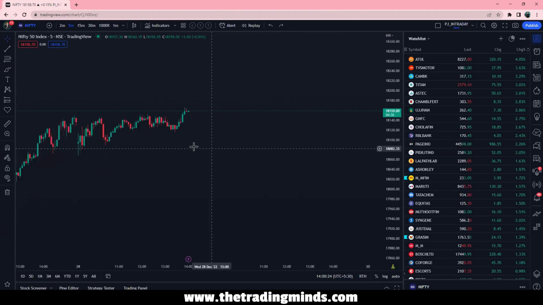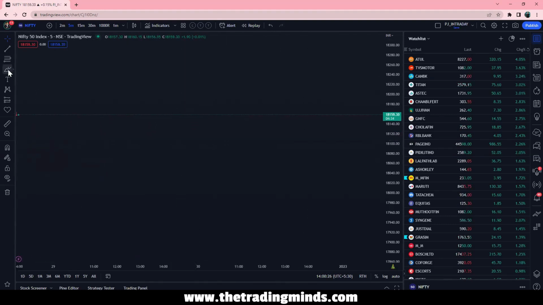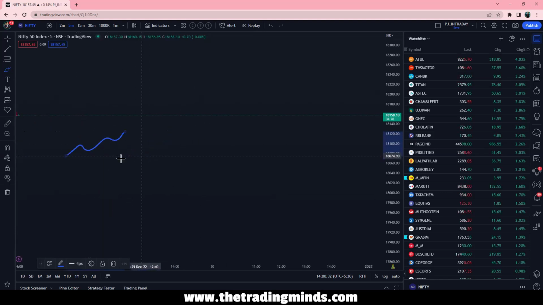It means wherever the price is moving. Let me give you an example here. Let's say an index is moving like this, and I am looking to trade at this point. There is a strike price here, and the index is just moving like this.